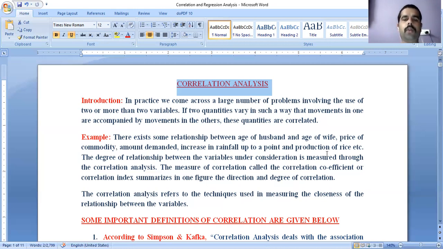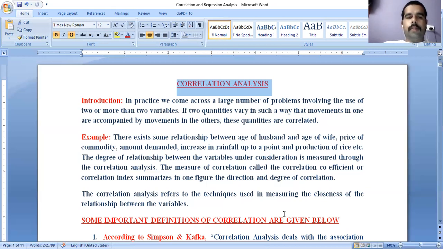The measure of correlation, called the correlation coefficient or correlation index, summarizes in one figure the direction and the degree of correlation. Observe carefully the relationship between the age of husband and age of wife, and between the price of commodity and amount demanded. These are a few examples.